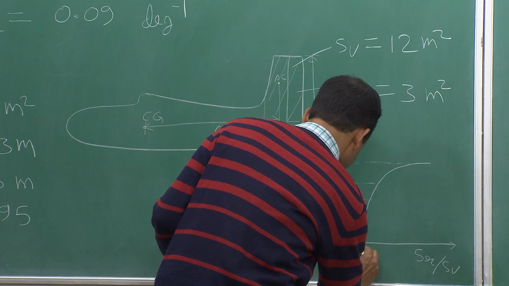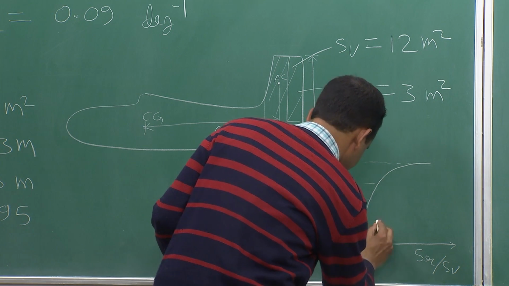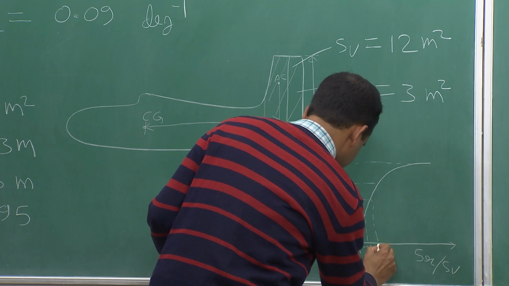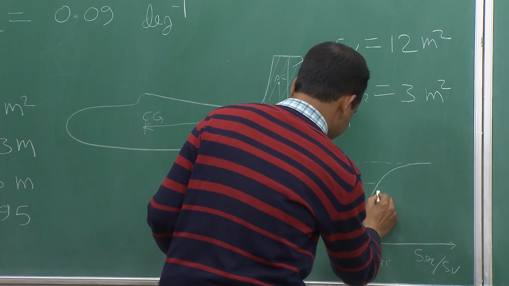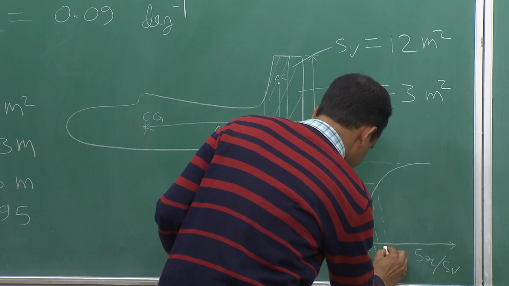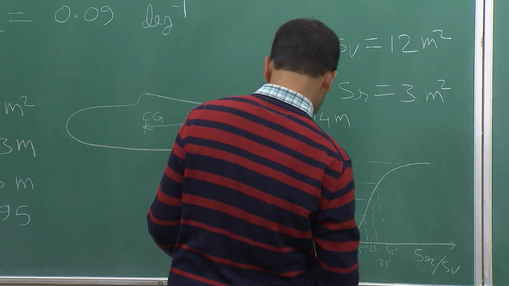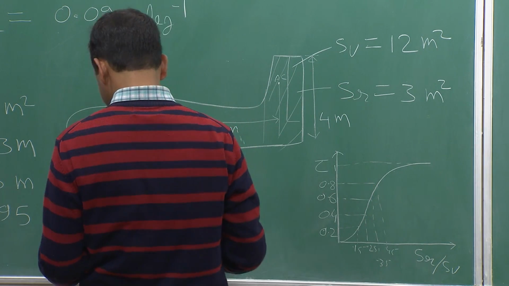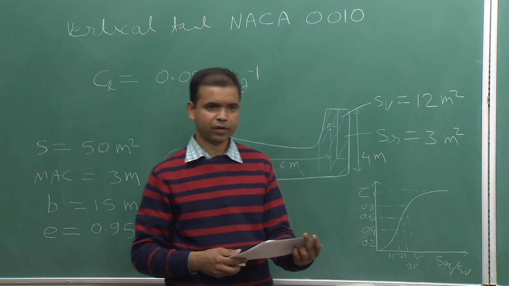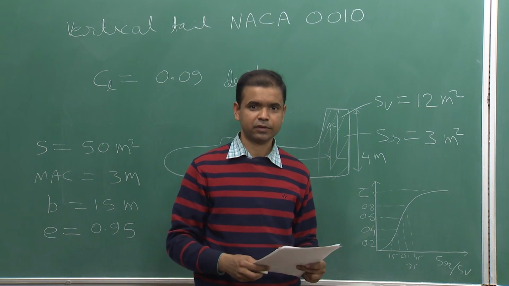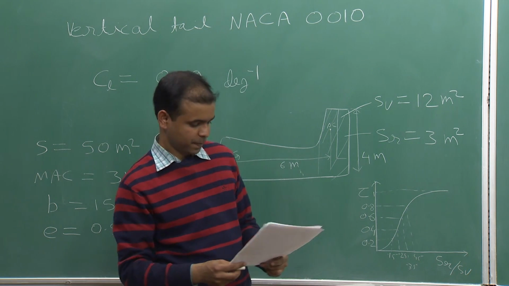This is 0.15, 0.25, this is 0.35, 0.45, and so on. We have to find the rudder control power. What is the rudder control power? This is nothing but the Cn delta R.